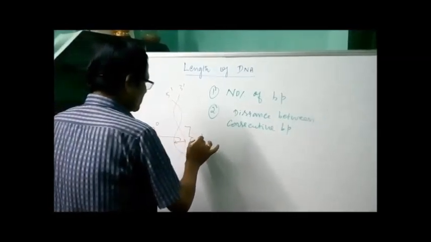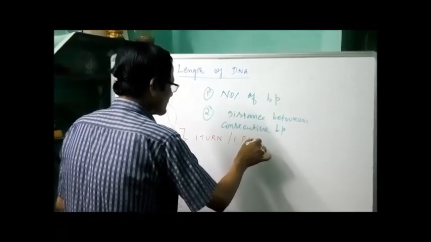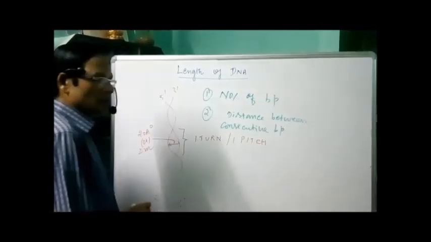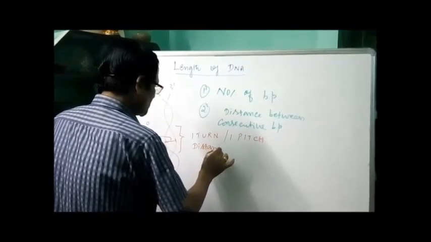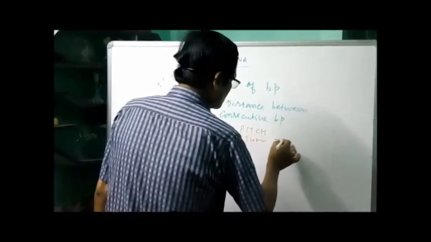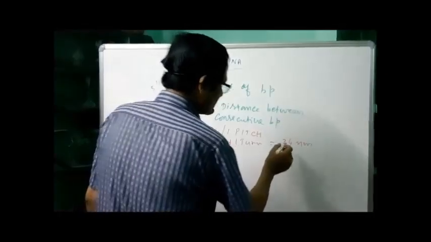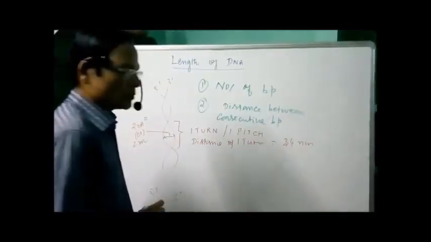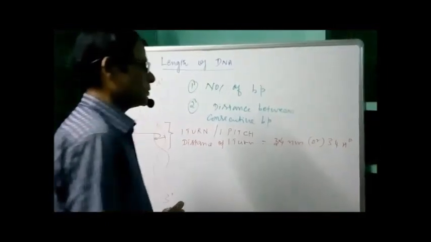This is 1 turn, or we can say 1 pitch. The distance or length of 1 turn is 3.4 nanometer, or 34 angstrom unit. I made a mistake earlier; it is 3.4 nanometer.